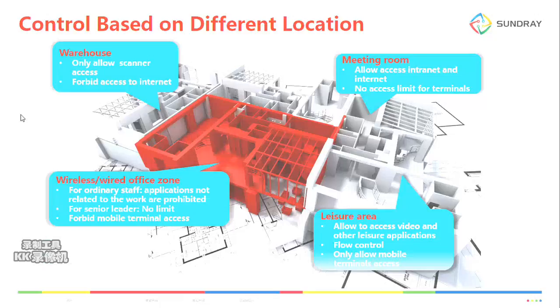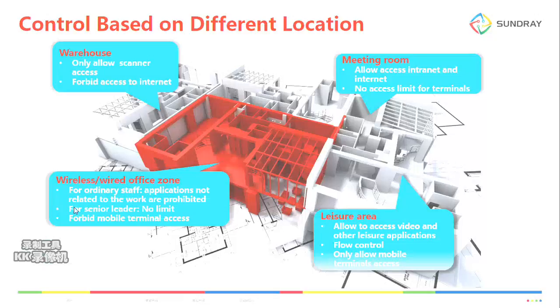So we can set a policy that they can only access the intranet, blocking all internet connections. But in the meeting room, because all the devices have to connect to both internet and intranet, we can guarantee the internet connections.